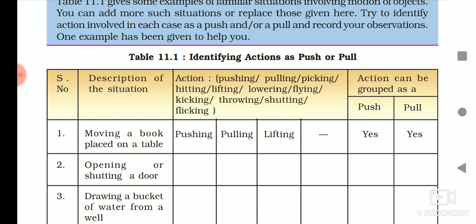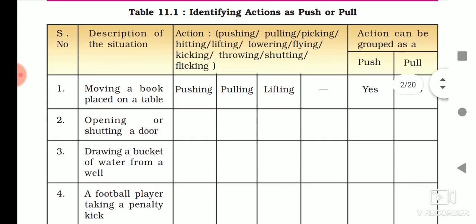If it is push, then it is yes, and by pulling also we can do it, so it is also yes. Next, opening or shutting a door. When we open or shut a door, we push or pull. So in the push column it is yes, and in the pull column it is also yes.